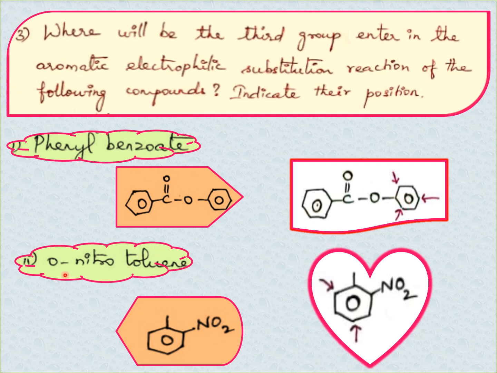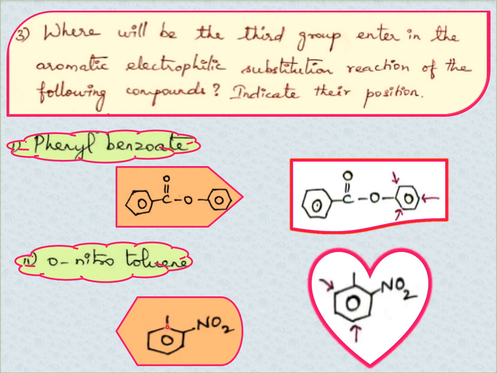The next example is ortho-nitrotoluene. Here we have 2 groups in a benzene ring. One is methyl, the second one is NO2. When 2 groups are there in the benzene ring, one an electron donating group and the other an electron withdrawing group, the position of the incoming electrophile can be predicted by the electron donating group.